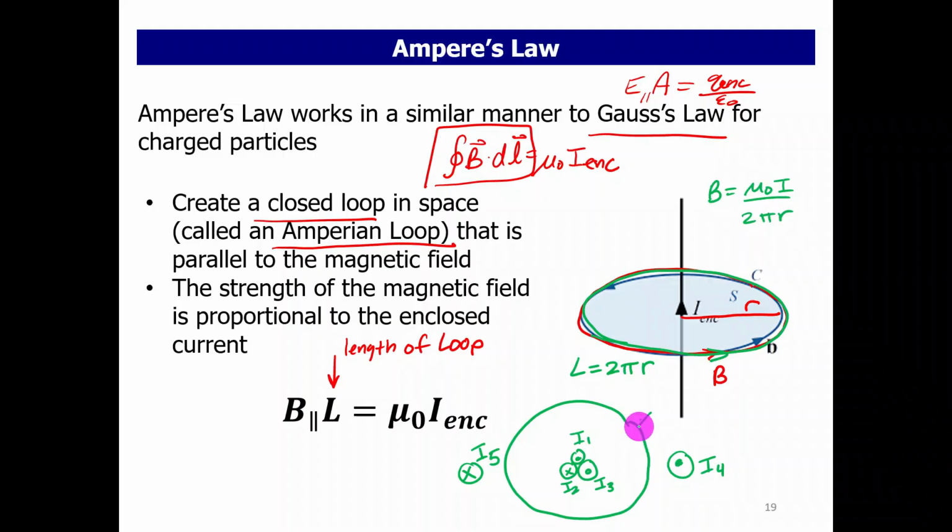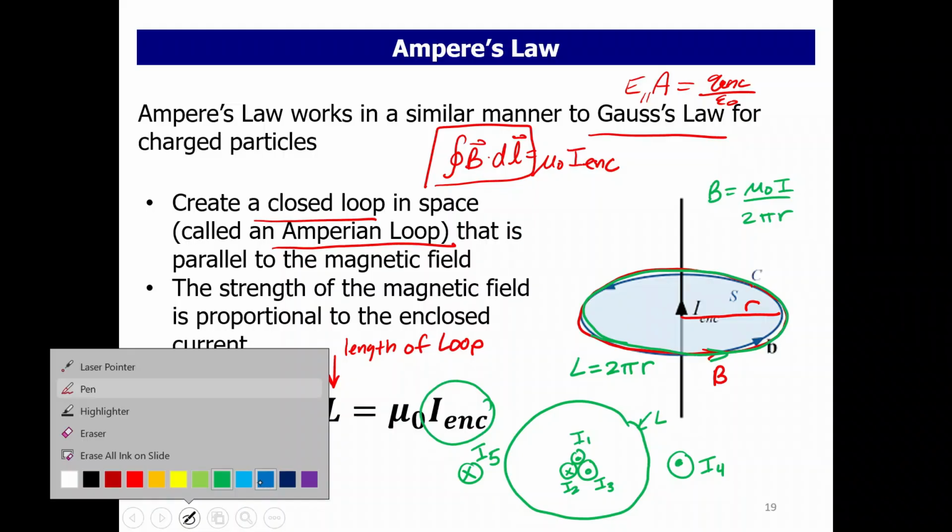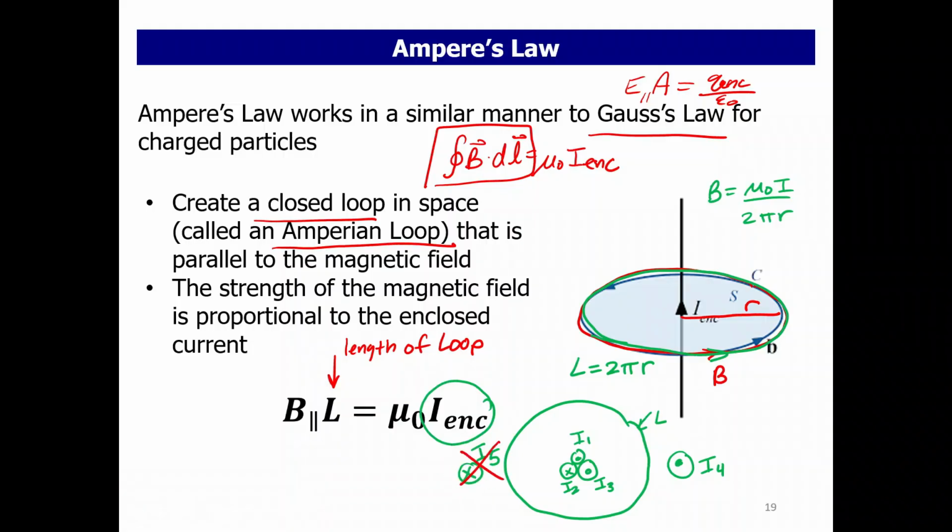But if this is an Amperian loop of length L, then what this says is that my magnetic field is due only to the currents that are inside that loop. So the currents I5 and I4 are not contributing to the magnetic field inside that loop. If I assume these three wires are really tightly packed, all here together, then that loop is at the same distance r from the center.